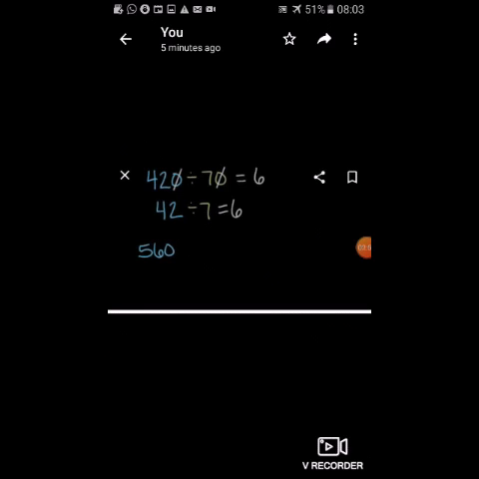What you have to do is delete the zeros first. There are the same number of zeros in 420 and 70, so I have deleted 0, 0. What is now left? 42 here and 7 here. Now it is very easy to divide. 42 divided by 7 is equal to 6.